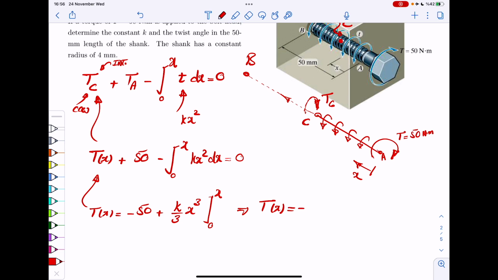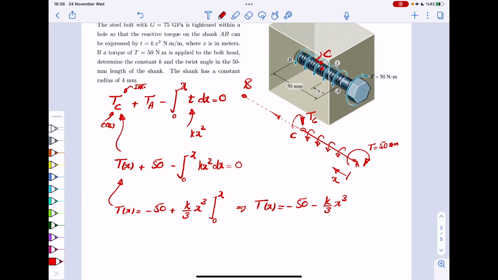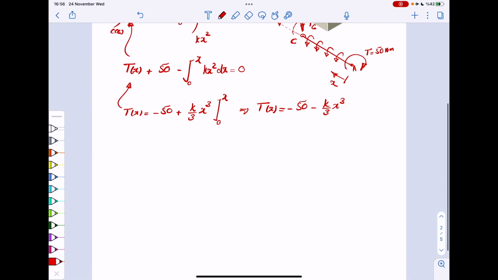This is our internal torque. Okay? So basically, it tells you that if you wanted to draw the graph as we usually do, we have torque with respect to x. So if this is our x coordinate system, again, pay attention.